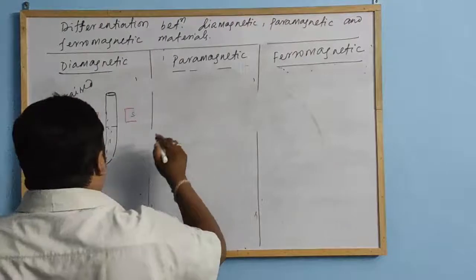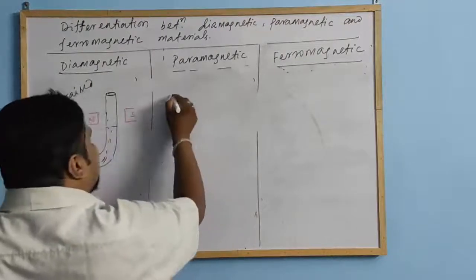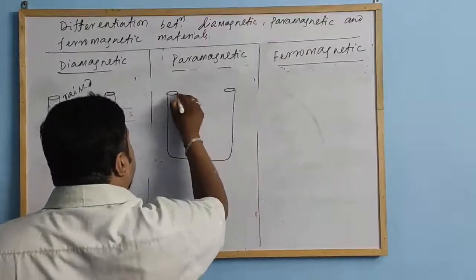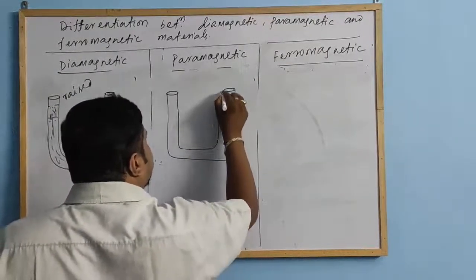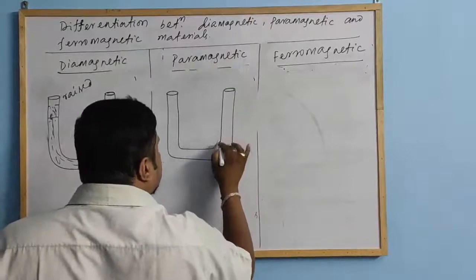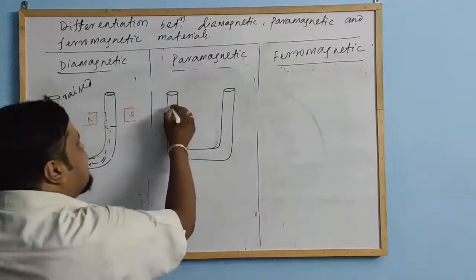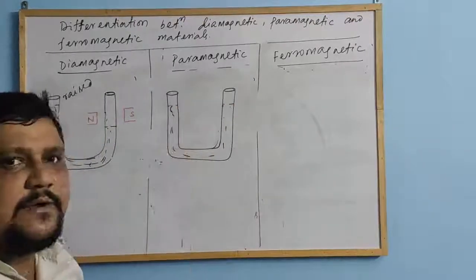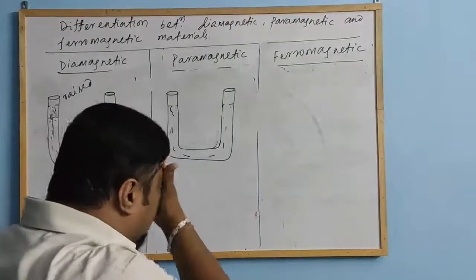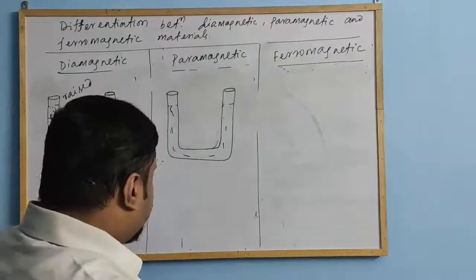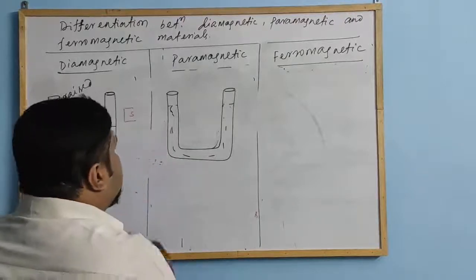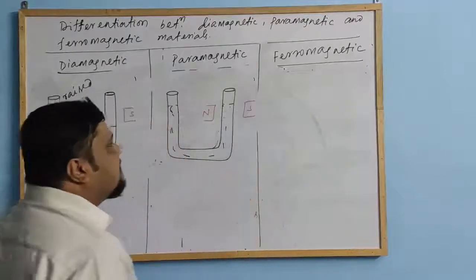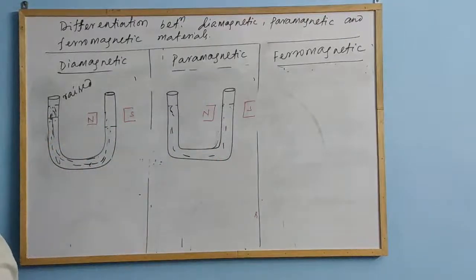But in case of a paramagnetic material, if you take it in a U tube in a liquid form like this, suppose initially they are both at the same level. So what we will find here, again if you place a magnetic field, North Pole and a South Pole, here they are weakly attracted by the magnetic field.